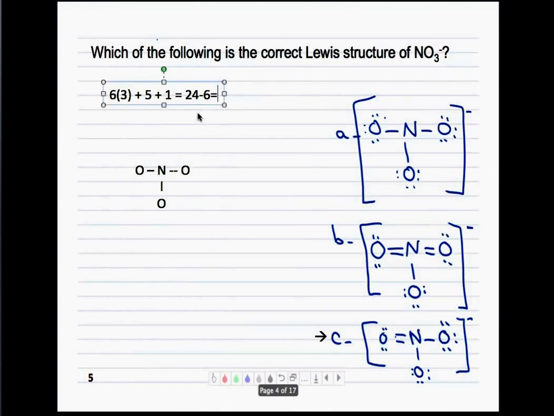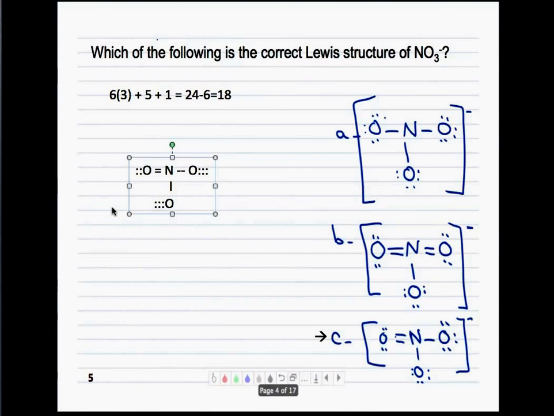Okay, so let's stop it right here and check what you think. And I have C as the highest, which we shall see if C is the right answer. So, first of all, nitrogen is going to be the central atom because it's the one with the lowest electronegativity.